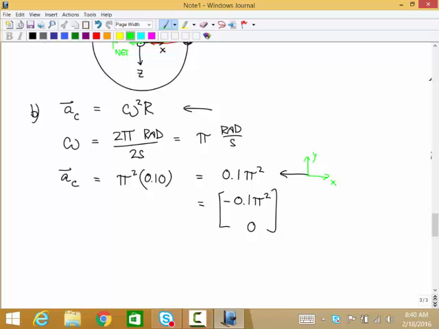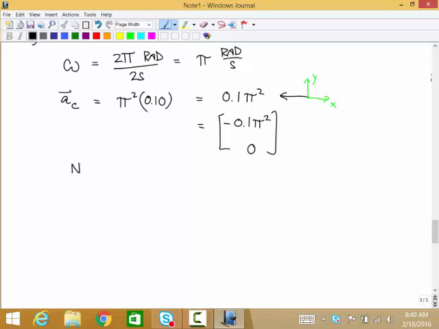Okay. So now that we have that, we can use Newton's second law. That says F net is equal to the mass times the acceleration. The mass is equal to 0.05.